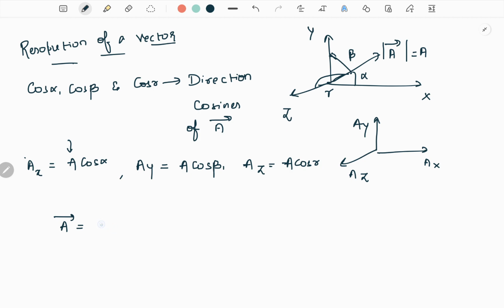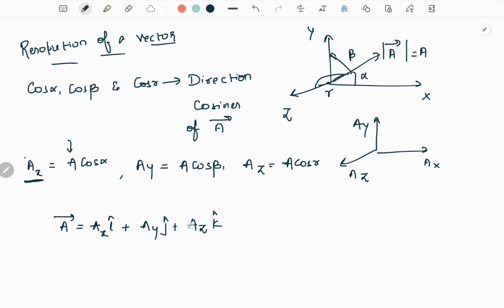So I can write it like this. The x component is parallel to the x-axis, so in vector form we can write it as ax into i cap, its y component as ay into j cap, and the z component as az into k cap.